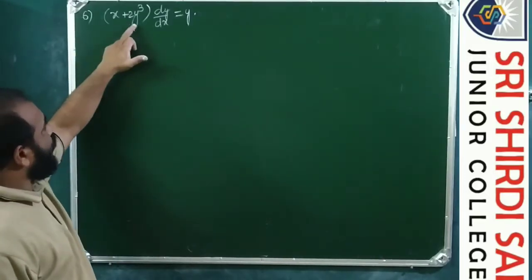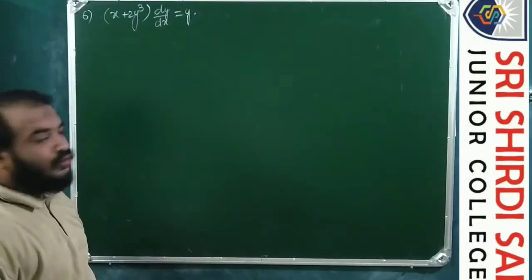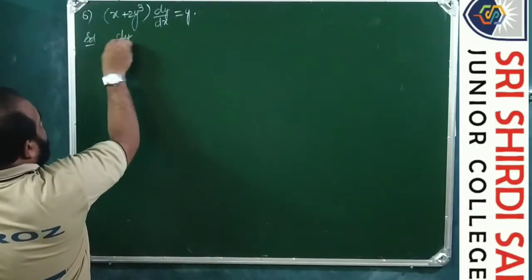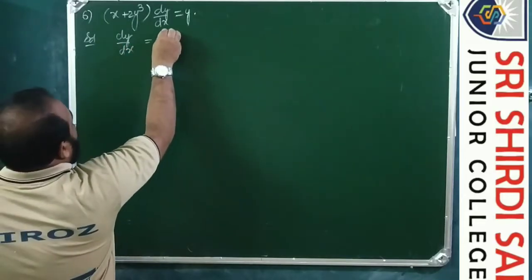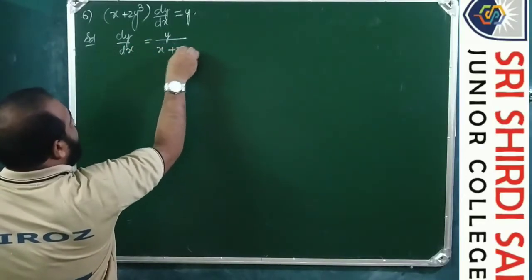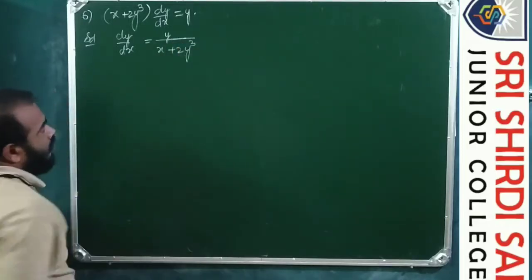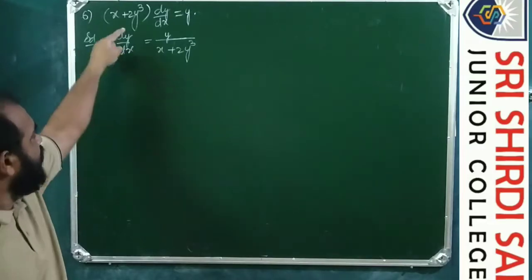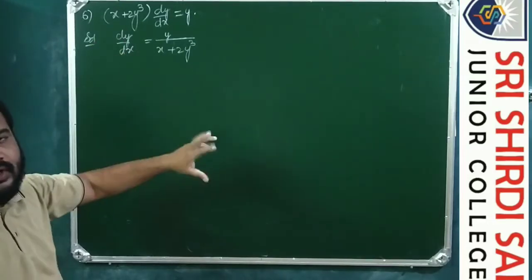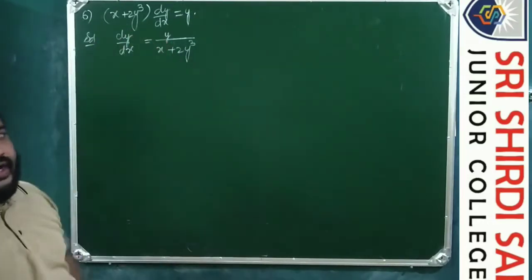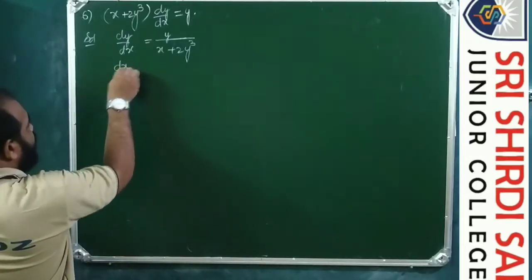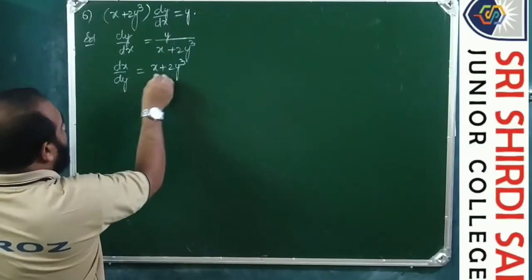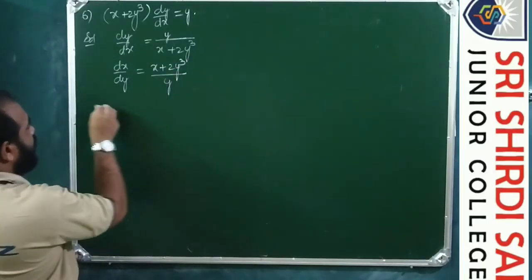Next problem: x plus 2y cube into dy by dx equals y. So dy by dx is equals to y by x plus 2y cube. But we cannot proceed any further from here onwards. dy by dx does not seem to be workable, for which let us reciprocate it. dx by dy equals x plus 2y cube by y.